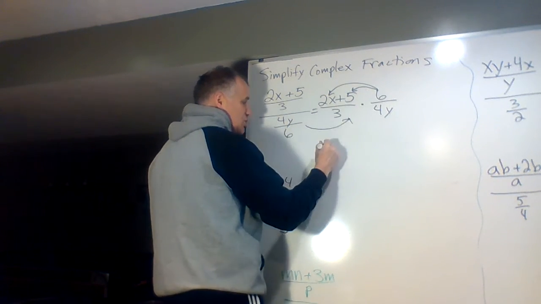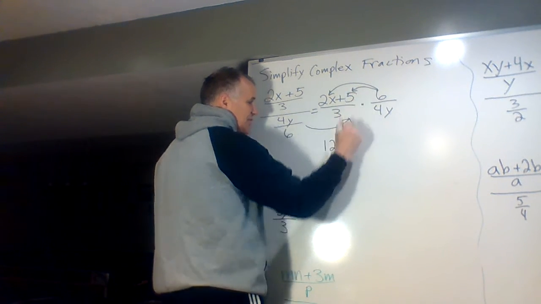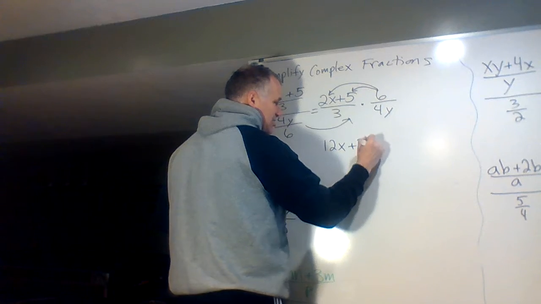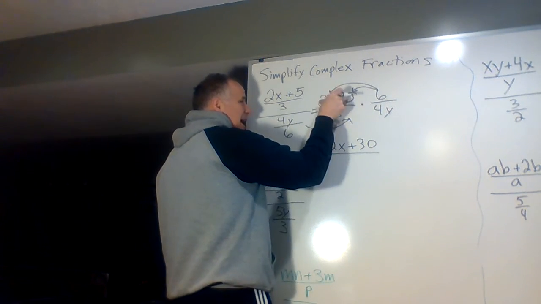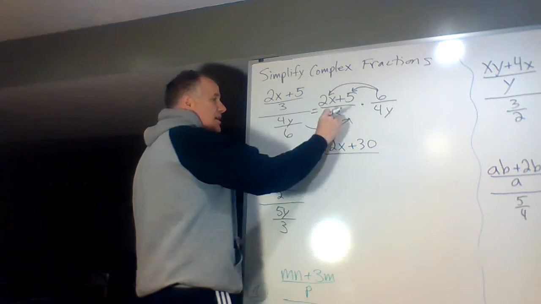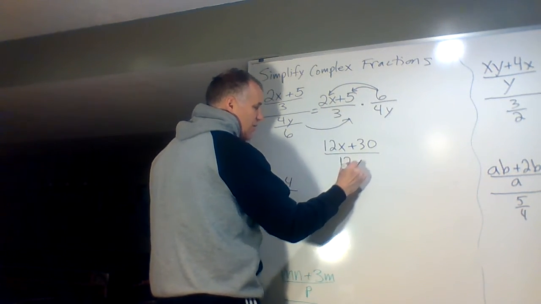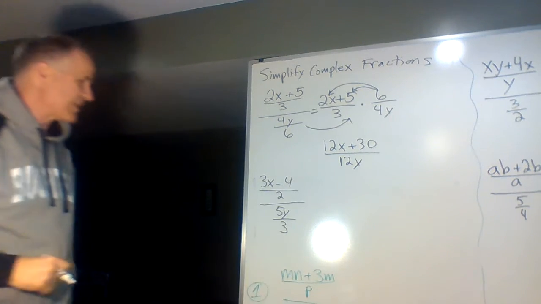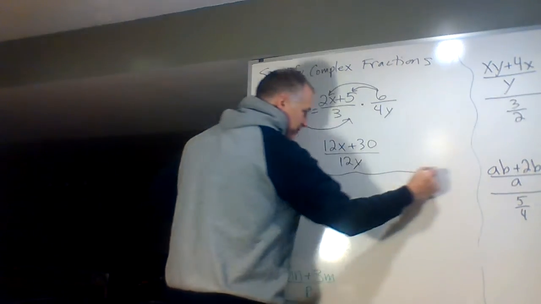So 6 times 2x is 12x, 6 times 5 is plus 30. So that's the top. Now the bottom, just two things multiplied. 3 times 4 is 12y, and boom, that is the answer.